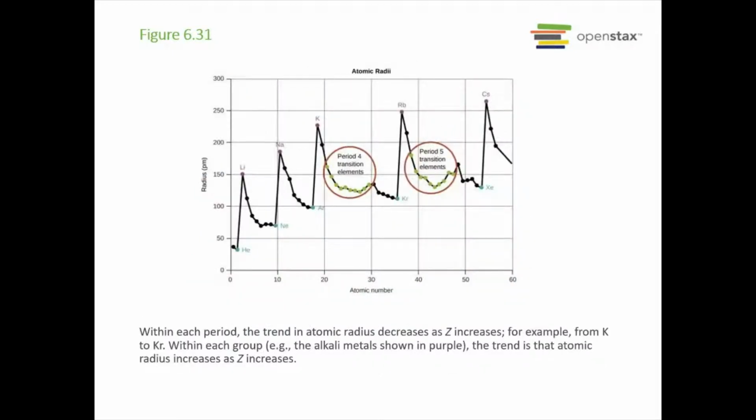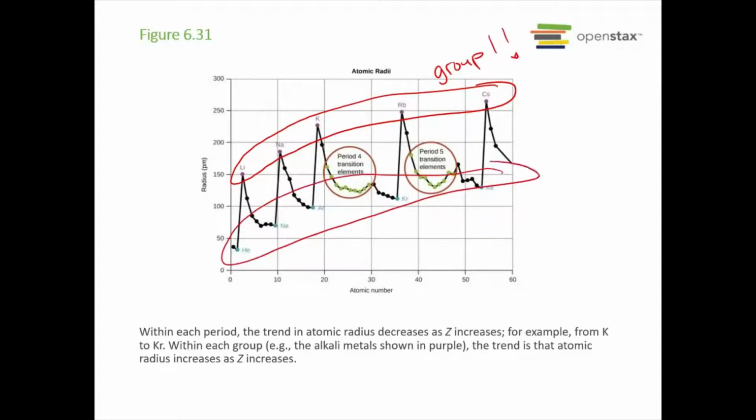This is a chart showing the trend for atomic radii, and showing how it decreases as our atomic charge increases. So you can see at the top in purple, these are our group 1 elements, and at the bottom of each of these little peak areas, these are our noble gases.